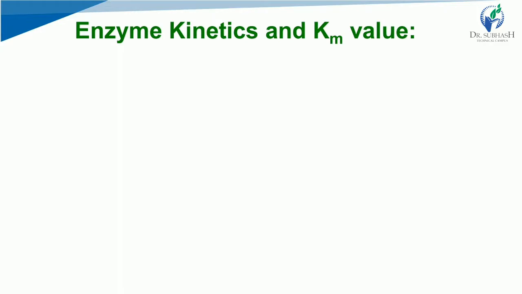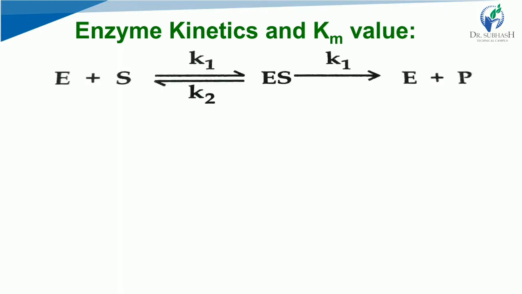This is about enzyme kinetics and the Km value. As you can see, the enzyme is E and the substrate is S. When these both combine with each other, they form an unstable enzyme substrate complex ES for the formation of the product P, right? So this is all about the first equation. In this equation you can see that there are K1, K2, K3, right?